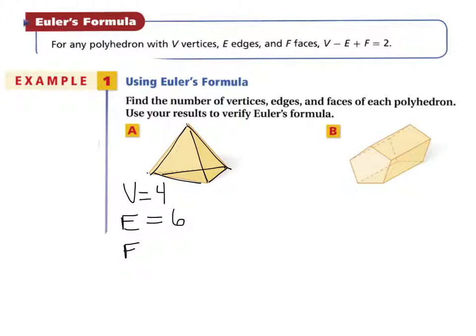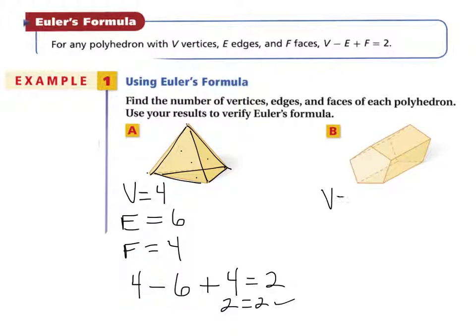And faces, 1, 2, 3, 4. So if we use this in our formula, number of vertices minus edges plus faces, will that equal 2? That does work. 4 minus 6 is negative 2 plus 4 does give me 2 equals 2. That does work.